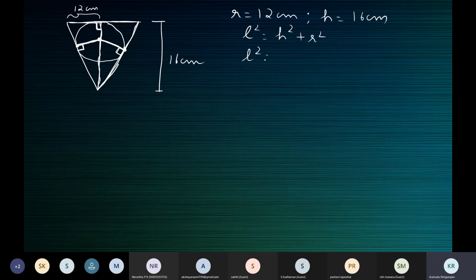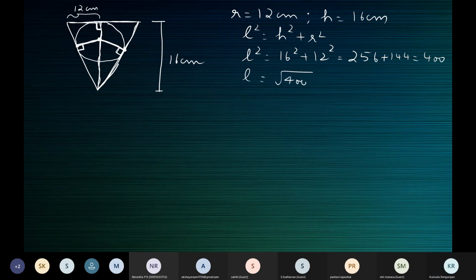So L square is equal to 16 square plus 12 square, 256 plus 144, 400. So L is equal to square root of 400, 20 centimeters. The slant height, this full thing, children, the slant height is 20 centimeters.